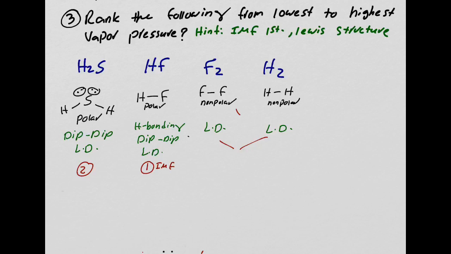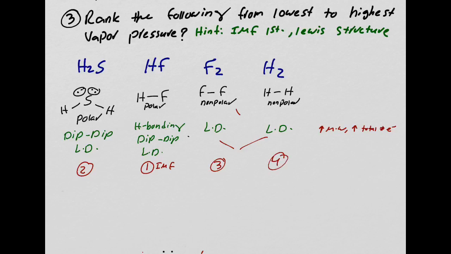Remember, the one that has a higher molecular weight, the one that has a higher total number of electrons, not just valence, is going to have a higher London dispersion. Why is that? Because you have a higher chance of temporarily creating a dipole. So between these two, this is going to be higher, and this is going to be my last one.